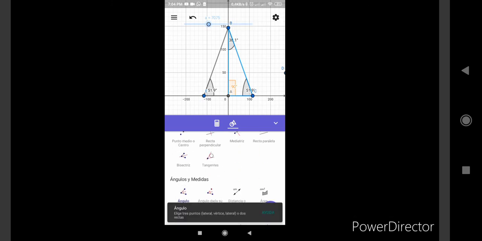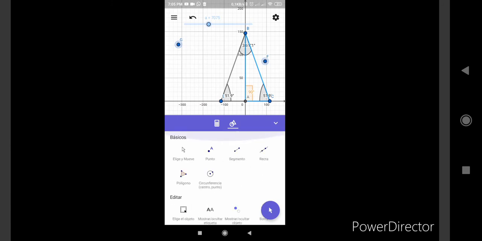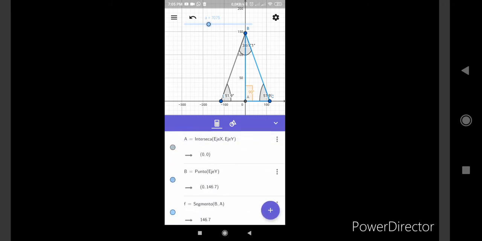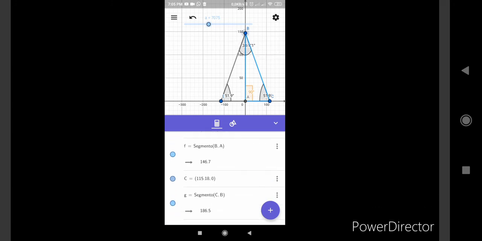To calculate the other angle, we do the same procedure, and it results in 38.1368 degrees. Then we join the right triangles and multiply the third angle by 2 to obtain only one angle. And these are the measurements of the Pyramid of Giza.